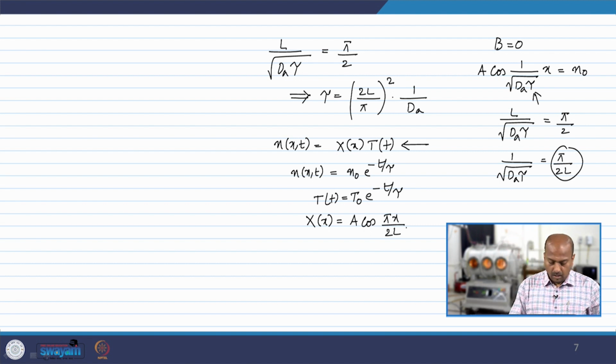Right. Now, substituting all of that, n of x, t is, say, X naught, some value for A, X naught cos pi x by 2L times T naught e to the power of minus t by tau.